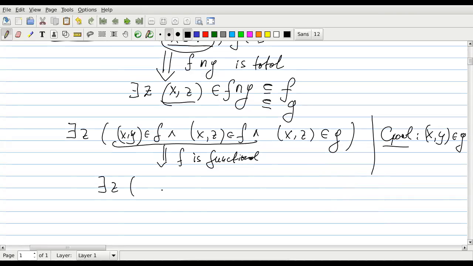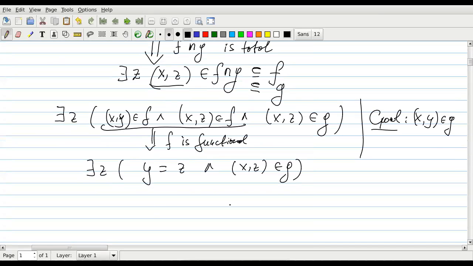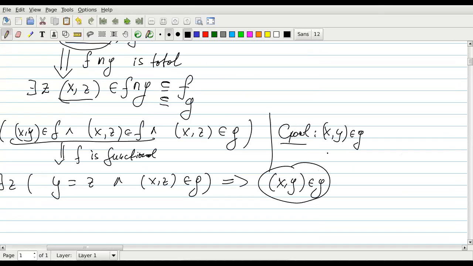There exists z, which is equal to y, such that xz belongs to G. Is it clear? For some z, which is the same as y, xz belongs to G, but that means that xy belongs to G. So we have reached our goal.